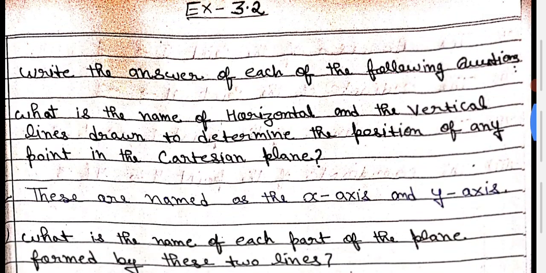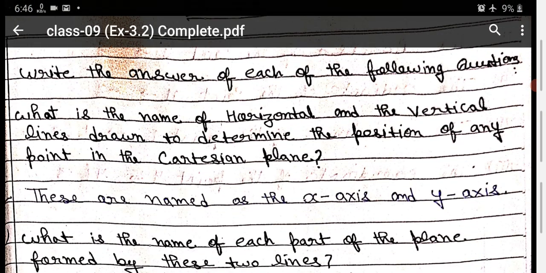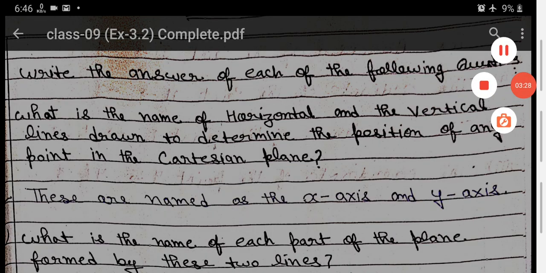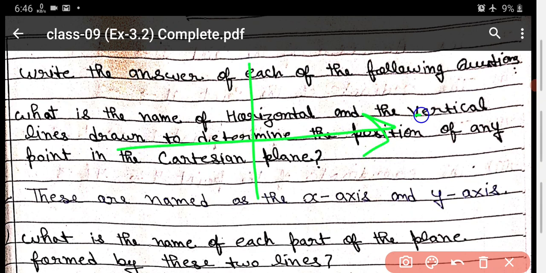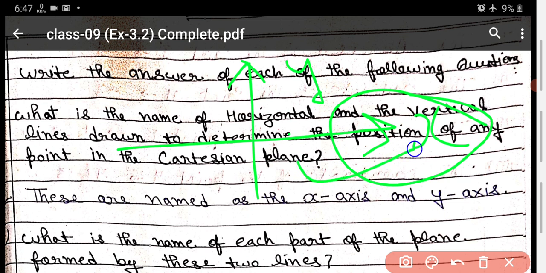All of you now know the name of the horizontal line. The horizontal line is known as the x-axis, and the vertical line is known as the y-axis. The value on the x-axis is known as the x coordinate. If it is on this side, it is a positive x coordinate, and if it is on the x dash side, it is known as a negative x coordinate.